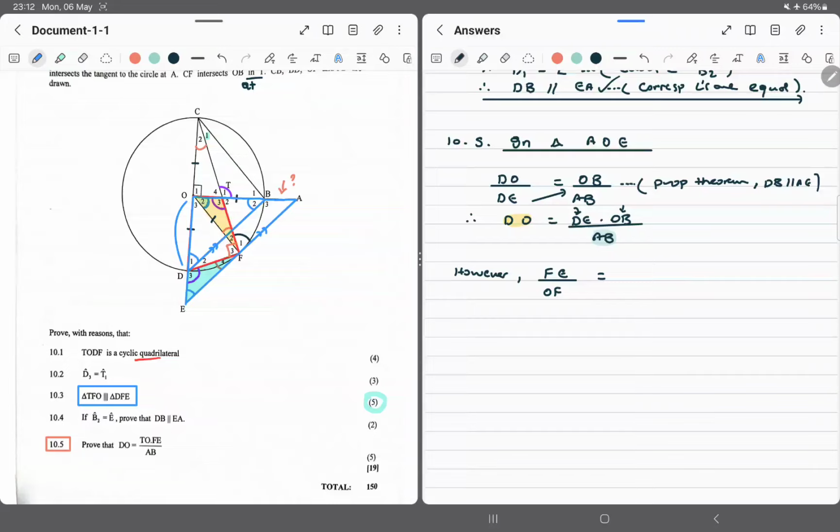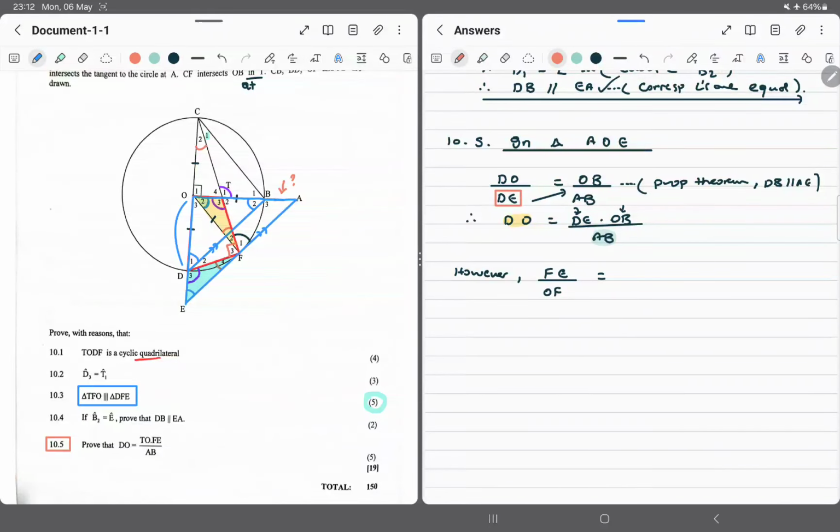What else can we say now? By the way, we want DE, right? The target here is DE.